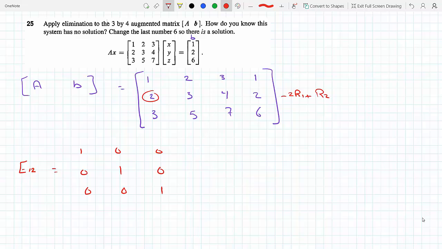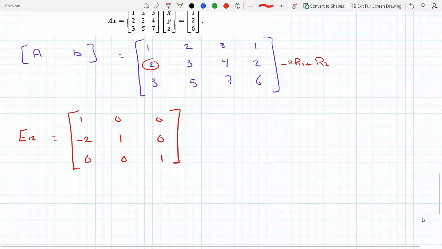So minus 2 times 1 minus 2 plus 0, this becomes a minus 2. This remains the same, this remains the same. So this is my E12. And now I will operate on my augmented matrix with this. So I will get a new augmented matrix.